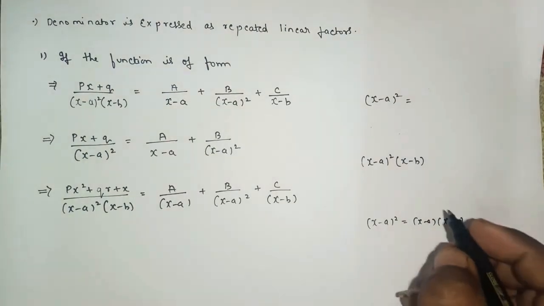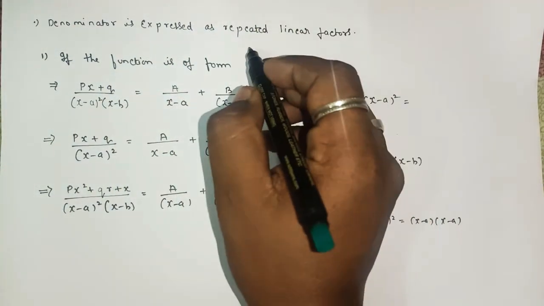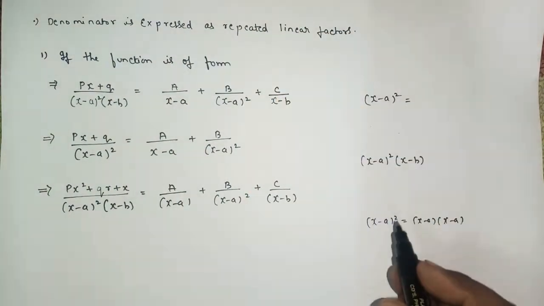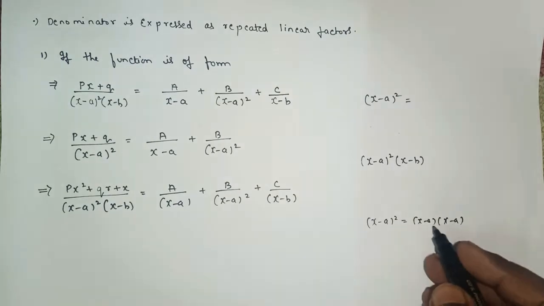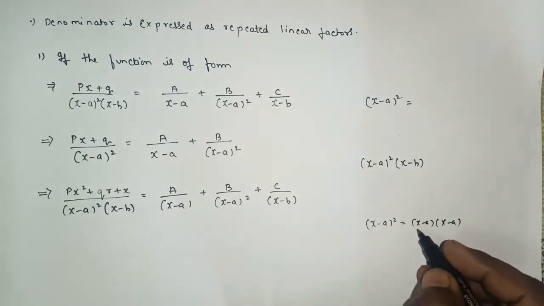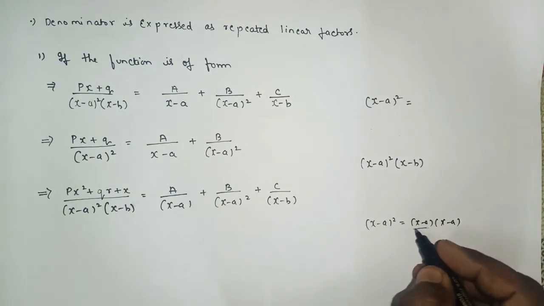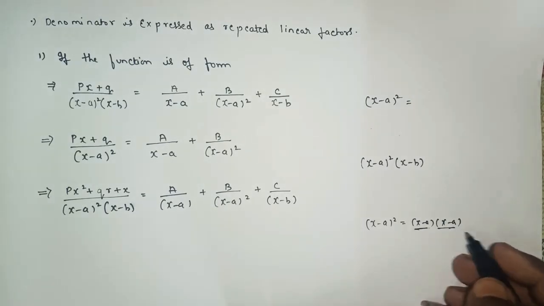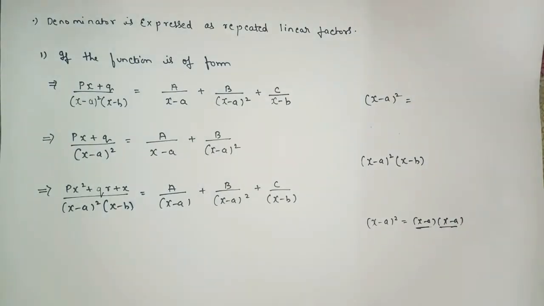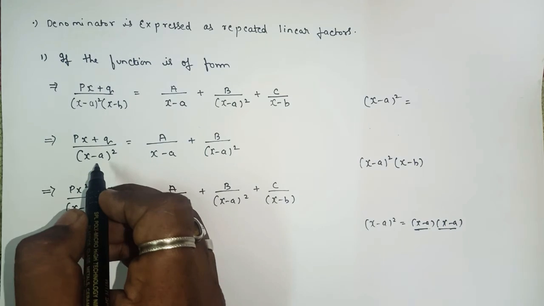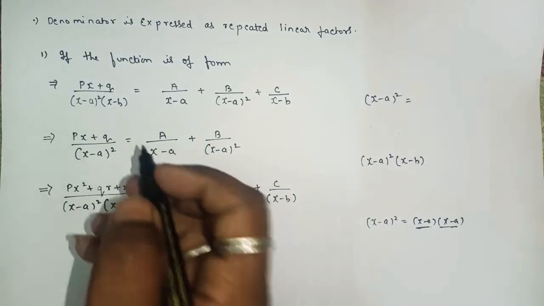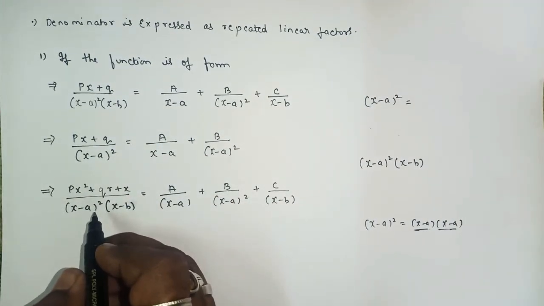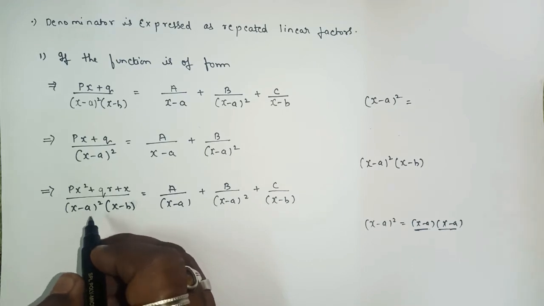So here the denominator is expressed as a repeated linear factor, as we can break (x minus a) the whole square as (x minus a), (x minus a). Here also (x minus a) the whole square we can write as (x minus a), (x minus a).